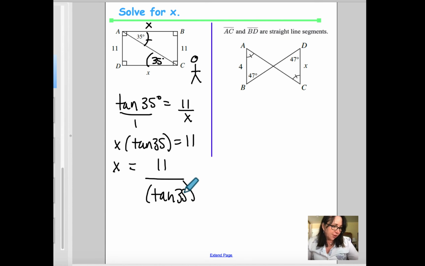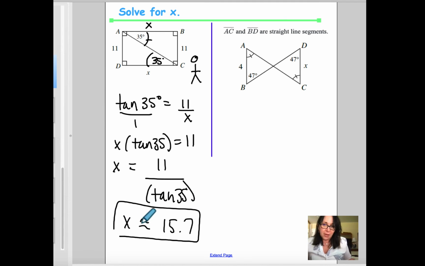And so I'm going to use that on my calculator. Make sure you're in degrees. 11 divided by the quantity tangent of 35 degrees is equal to about 15.71. So x is approximately 15.7 feet, units, whatever.